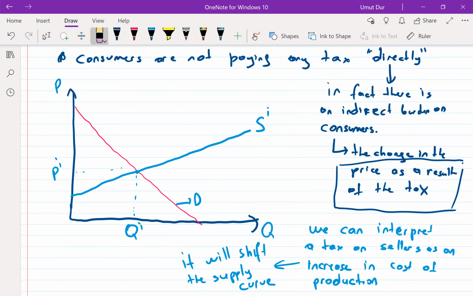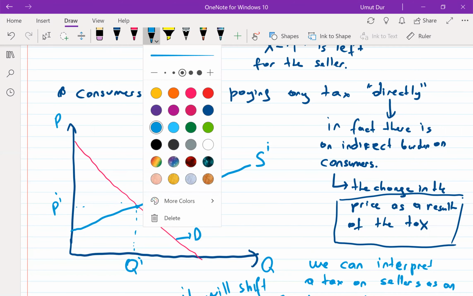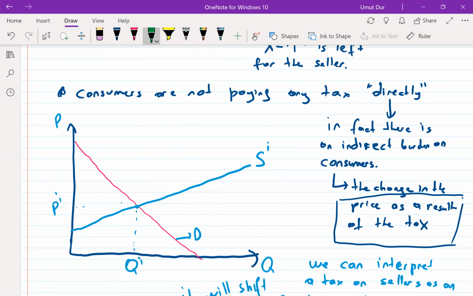For a fixed price, say the initial equilibrium price, the supplier now gets less, since some money is going to the government, which means that at the same price the supplier would like to supply less. So we will have a shift to the left.